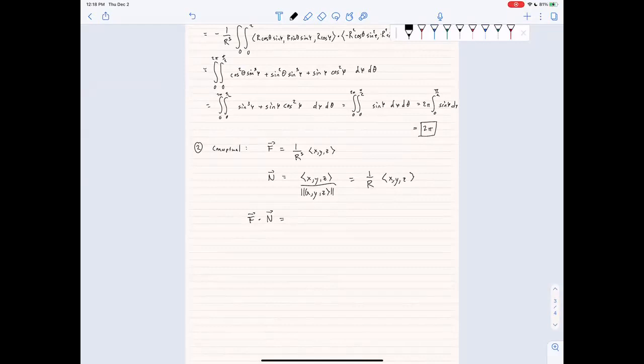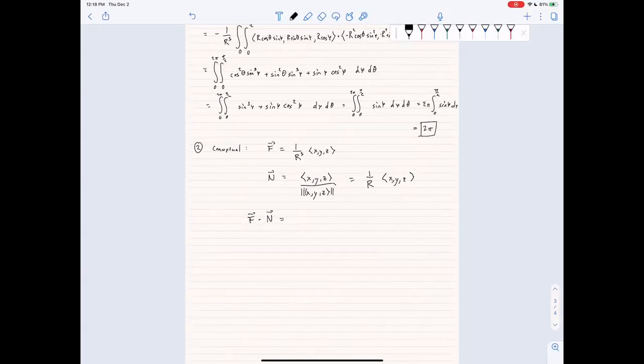When I say we, I mean the point x, y, z is on that hemisphere. What is f dot n? Any guesses? 1 over r squared, very good.